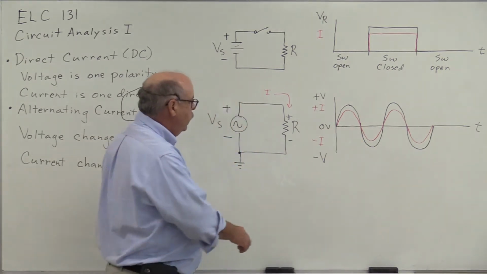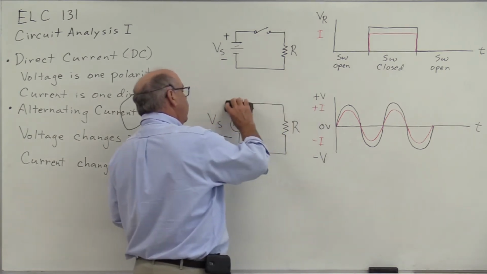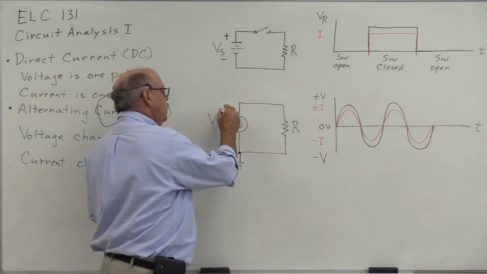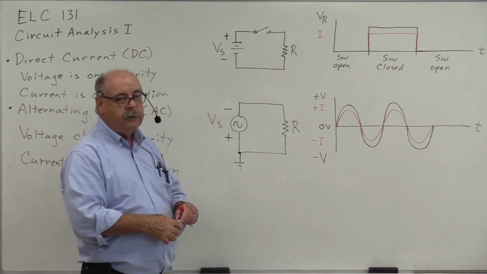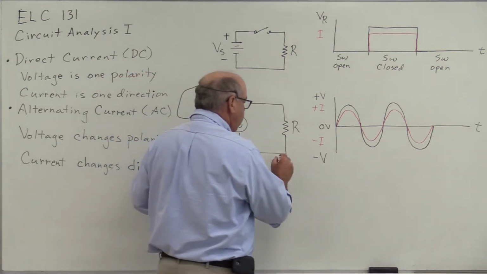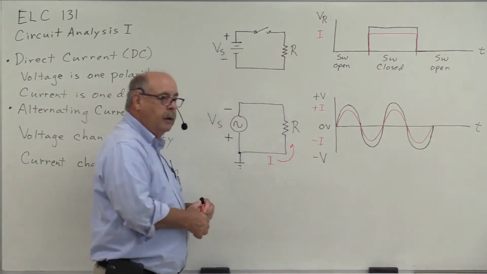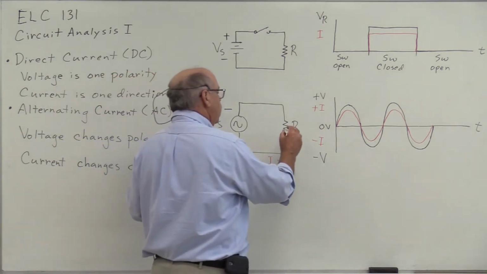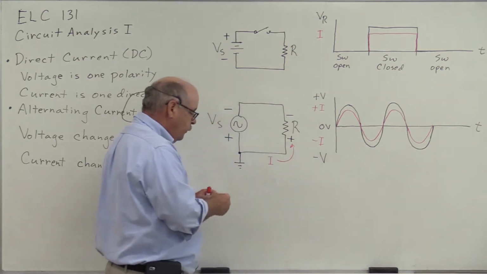Then during another period of time, the polarity of the voltage source changes so that it's negative with respect to ground. And of course, current will now flow in this direction through the resistor, and the voltage developed across the resistor will be positive to negative as shown.